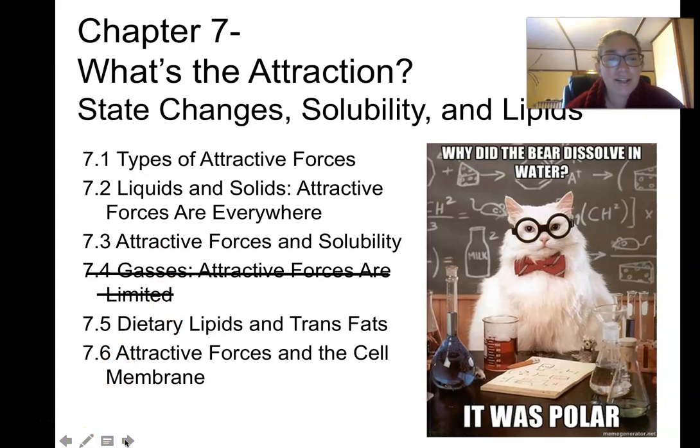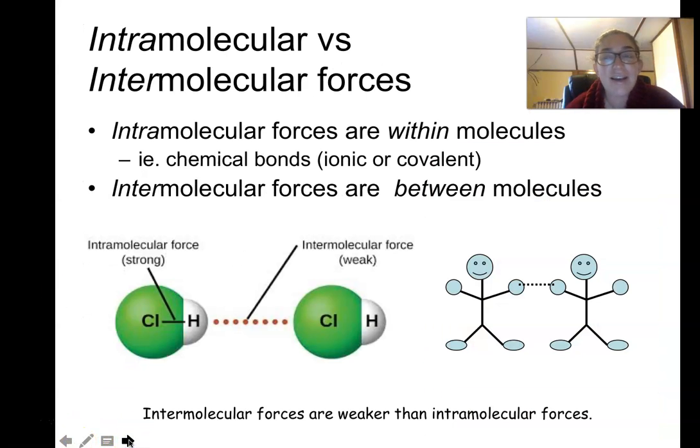So, what are attractive forces? All right, so we've talked about bonds. Bonds are what we call intramolecular forces. These are forces that are within a molecule and hold the atoms together. So chemical bonds, ionic and covalent bonds, would be intramolecular forces, forces within the molecule.